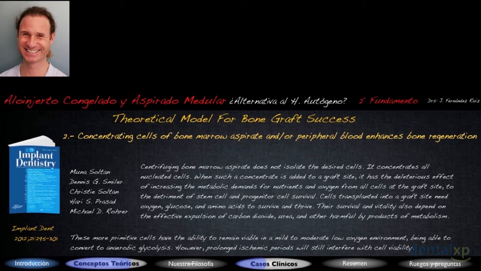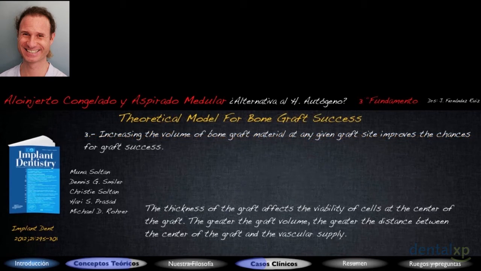The third point, very interesting, is increasing the volume of bone graft material at any given graft site improves the chances for a graft success. And they presented this formula in which they explained that the thickness of the graft affects the viability of the cells at the center of the graft. The greater the graft volume, the greater the distance between the center of the graft and the vascular supply.